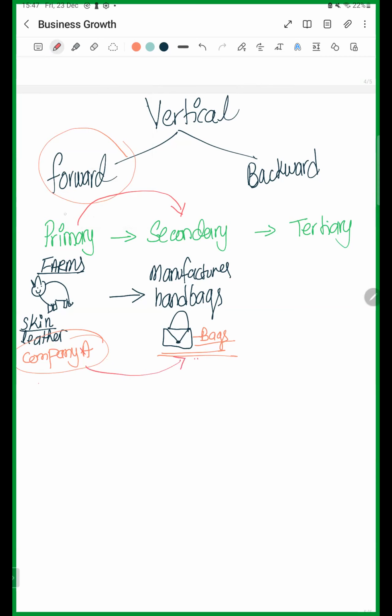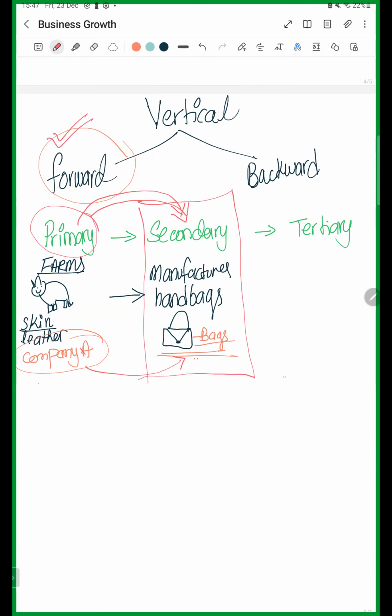So company A, which was supplying leather to the bags company, moved forward. In the start, they were a primary company, and now they have moved forward and taken over a secondary company. What does this mean? This is a vertical forward integration. Do you get it?